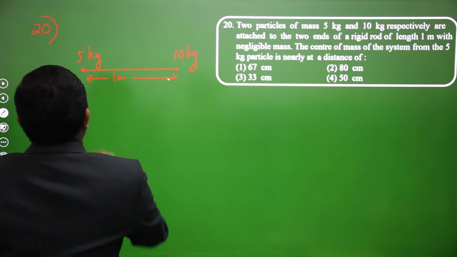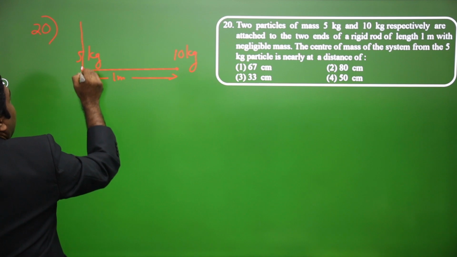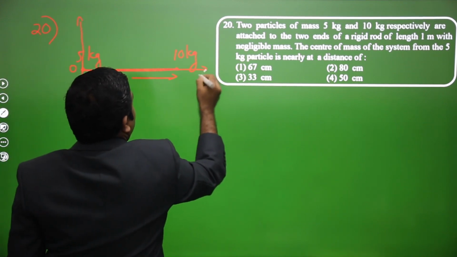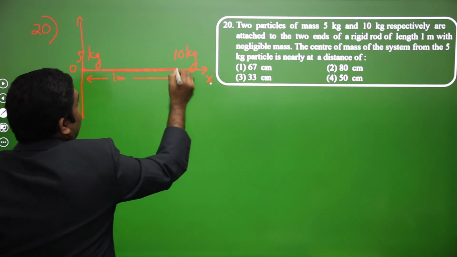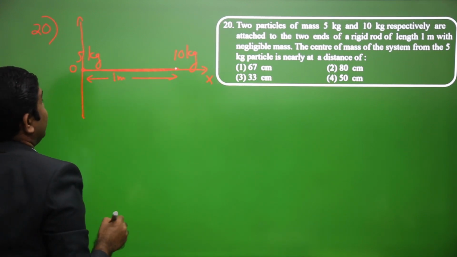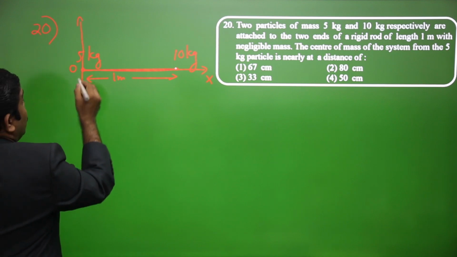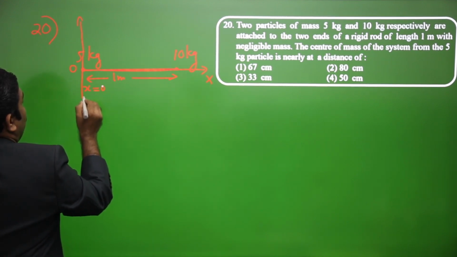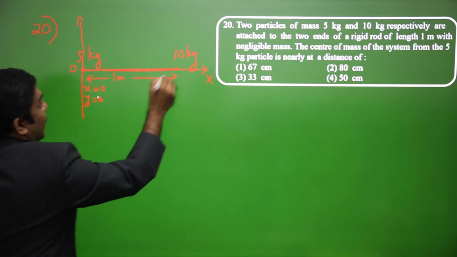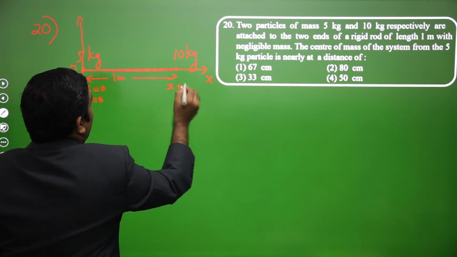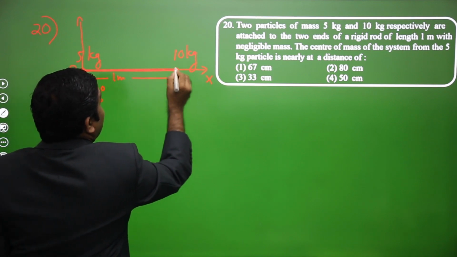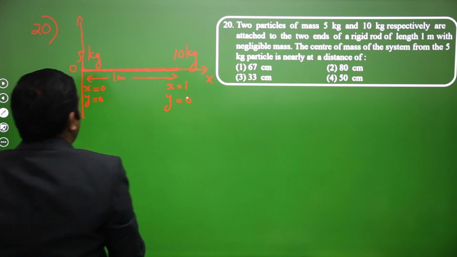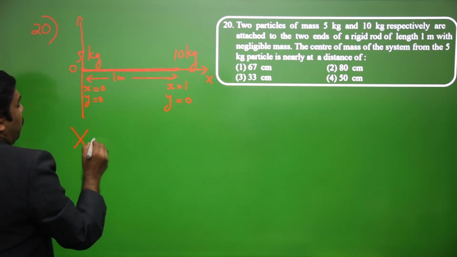So we keep this 5 kilogram at the origin. This is our x-axis. Now the coordinates of 5 kilogram are x equal to 0, y equal to 0. 10 kilogram is at x equal to 1 because it is at 1 meter distance, and y is equal to 0.